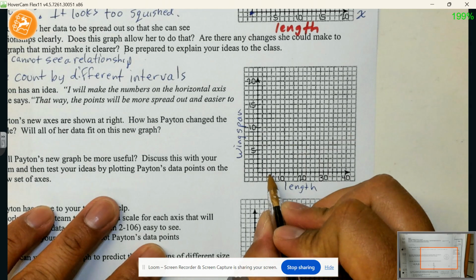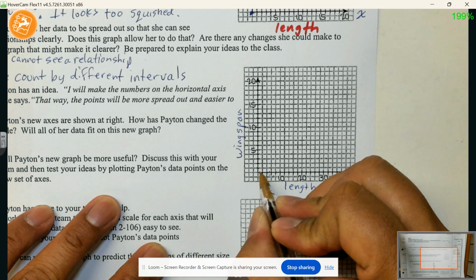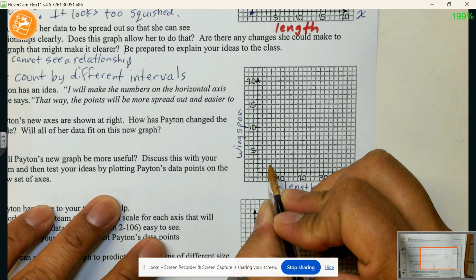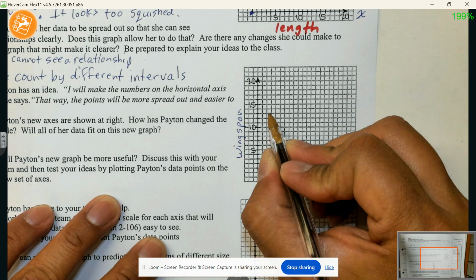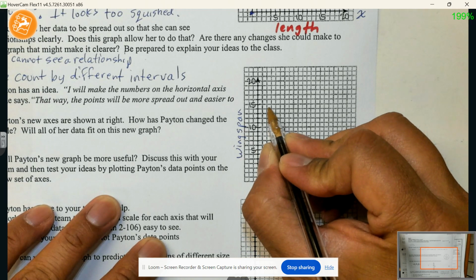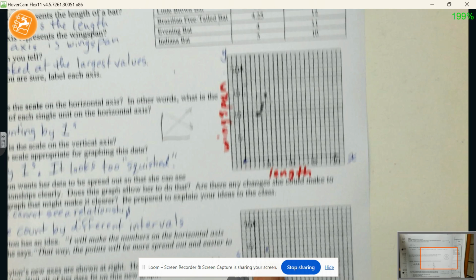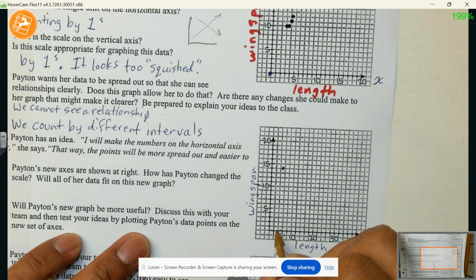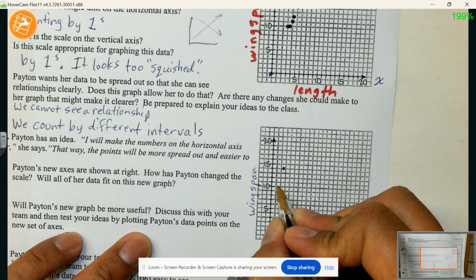So 5, 14, 2.5, 2, 4, and then halfway is 5. And then here's 5, 10, 11, 12, 13, 14. So here is 5, 14. Okay, our next point is 3.5, 10. Okay, so there's 2, 4, so 3.5, 10 is about right here.